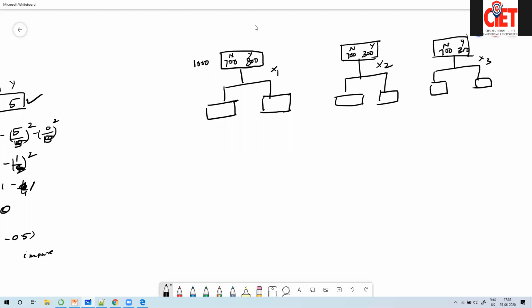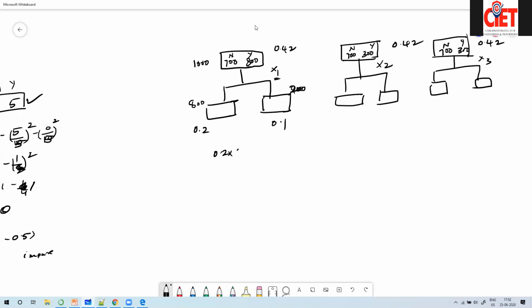At the root node, let's say our Gini is 0.42. When we split this with x1, it is giving us a Gini of 0.2 on the left hand side and 0.1 on the right hand side. Let's say we got 800 observations here and 200 observations here.